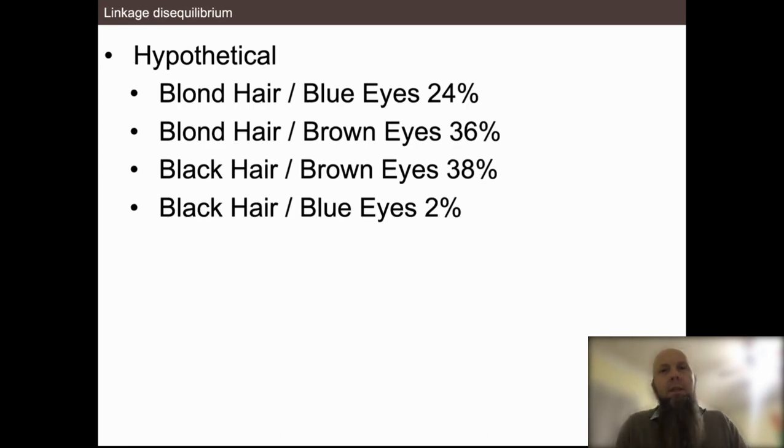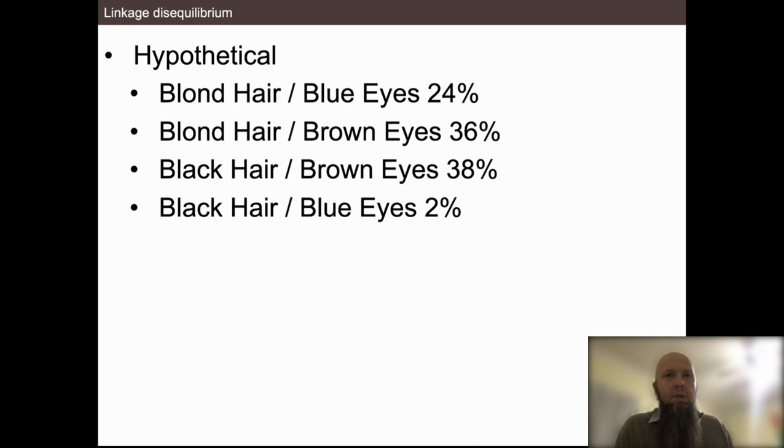So here's an example that might gel with your understanding of the frequency of certain phenotypic traits within the human population. I want you to think about hair color and eye color. We frequently think about blue eye color being associated with blonde hair, right?